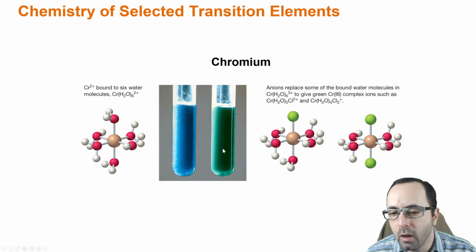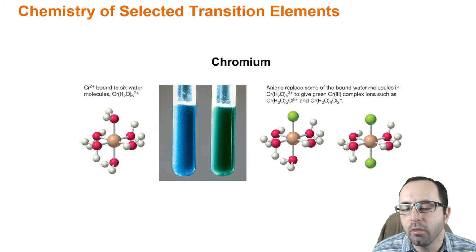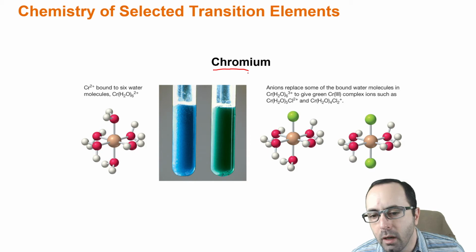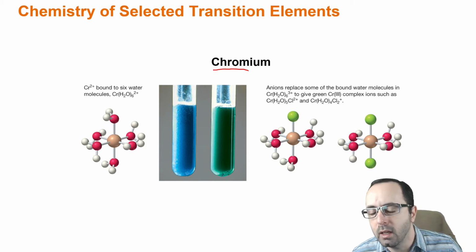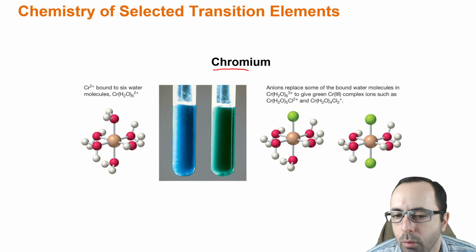And this is very important because the name chromium comes from the Latin chroma for color. So chromium means colorful. And so even the ancients knew that chromium compounds are very colorful. They didn't know why. But you can see that there will be a lot of different paints that have chromium.